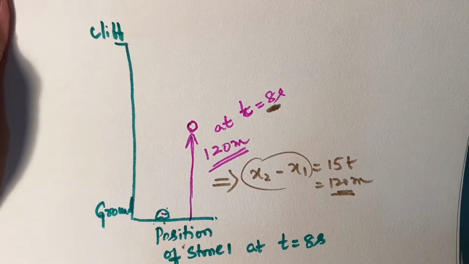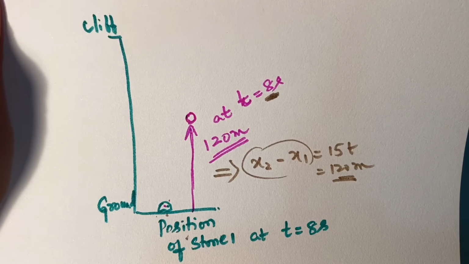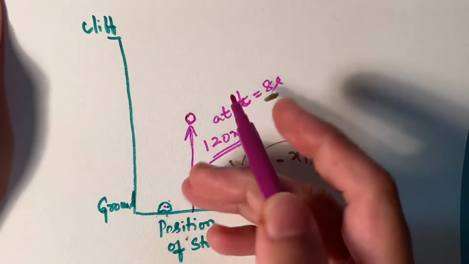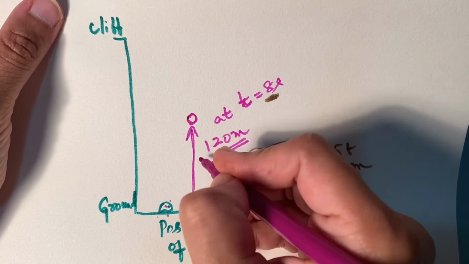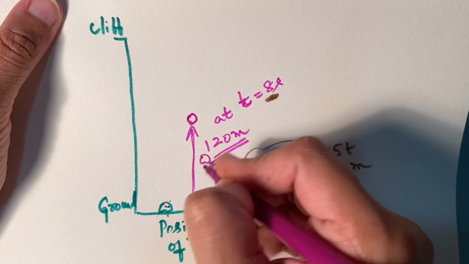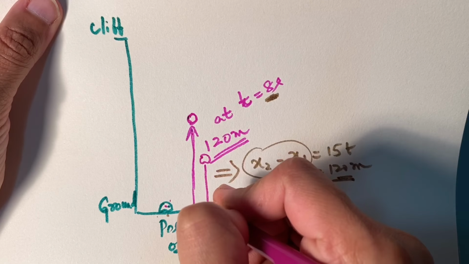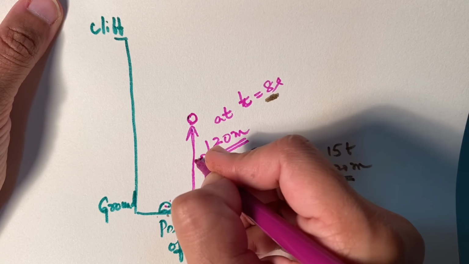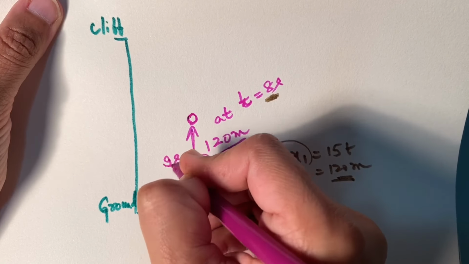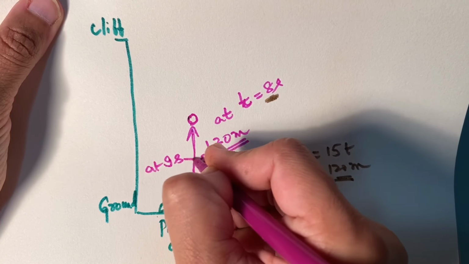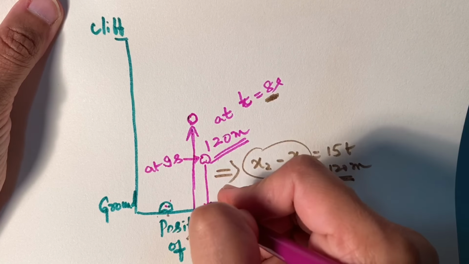So that's what happens. If I have to show you those pictures, I can still show you. This is what happened at 8 seconds. At 9 seconds, this is the distance, approaching the ground.